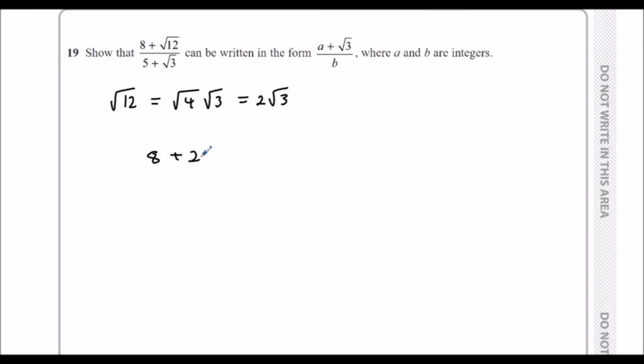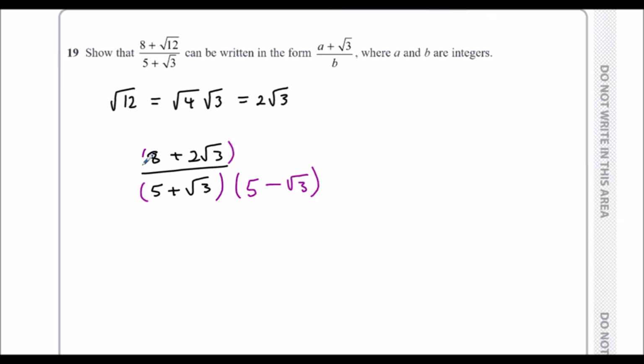So 8 plus 2 root 3 over 5 plus root 3. So when we've got a number and a root 3 on the bottom, we rationalize the denominator by multiplying by the same thing but changing the sign. So 5 plus root 3, we want to times it by 5 minus root 3.